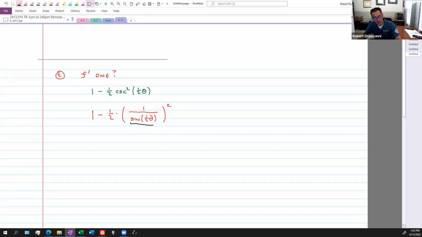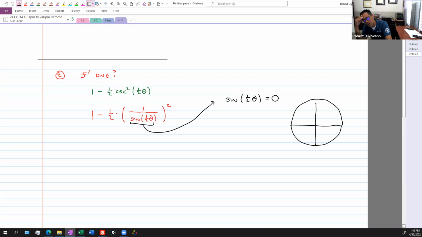I need to ask myself this question. When is sine of 1/2 theta equal to 0? So now you're going to play the same exact game we just played, except we're now looking on the unit circle for where the y coordinate is 0, right? Which happens here and here. So at 0, and then we would have to add pi to get to this, and then pi to get back.